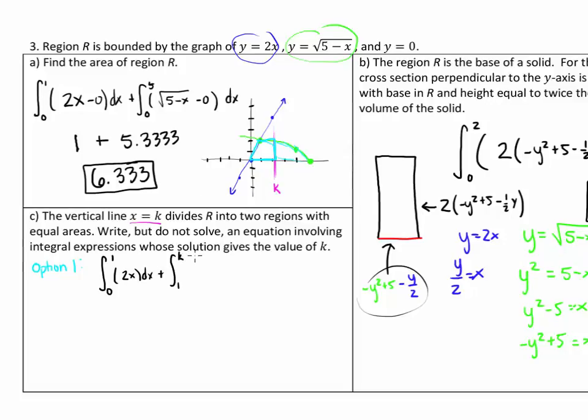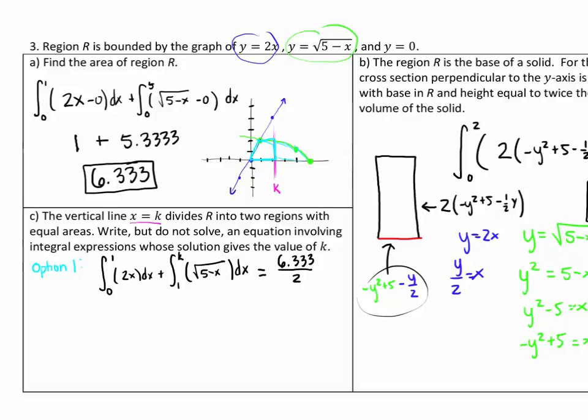It would be an issue if we weren't sure k was on the right side of this triangle, but since the total is 6.333, the middle of this shape is definitely on the right side of that triangle. So we have the square root of 5 minus x dx. That value has to be equal to 6.333 cut in half. There's option 1, and that would be full credit.